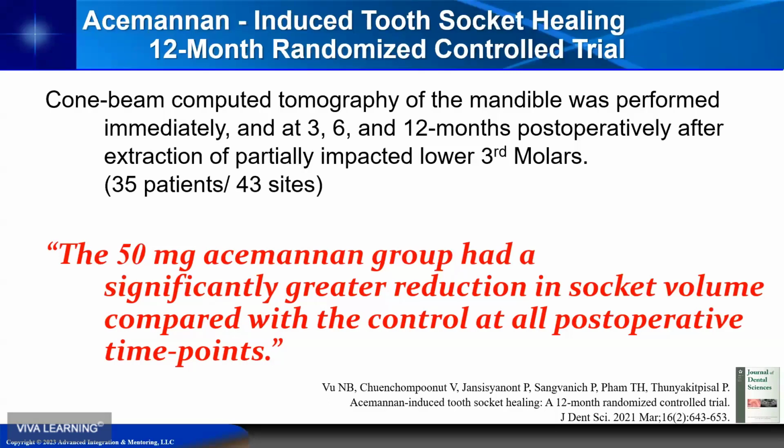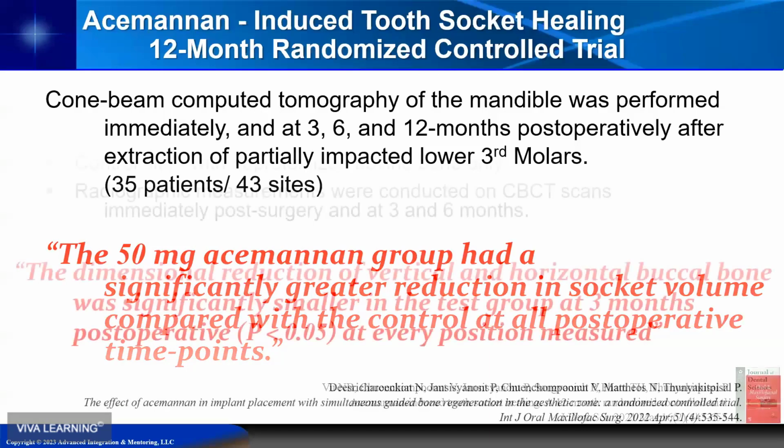So making this a routine part of your extraction protocol makes logical sense to give us the outcomes that we're looking for. We routinely treat every one of our extractions and every open wound in the mouth with a gel that contains essential oils and Ace-Mannan for very specifically these type of reasons.